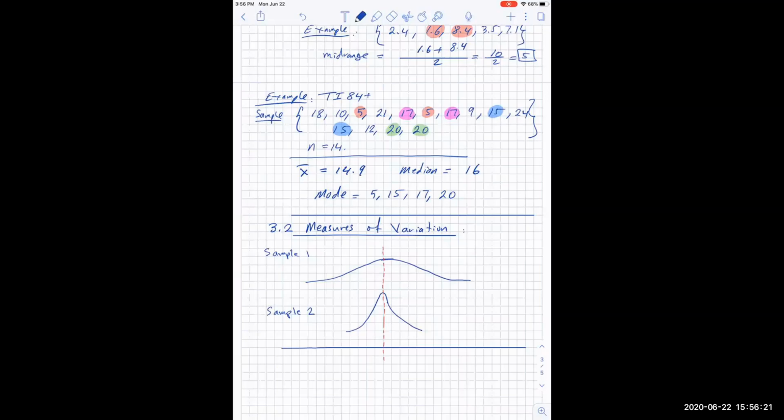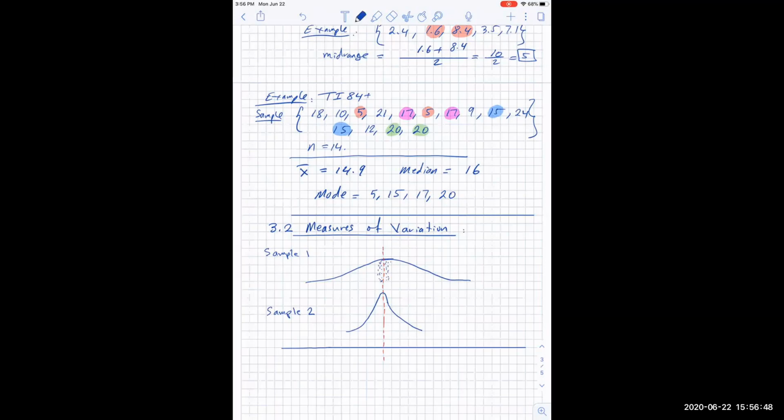What do these two samples have in common? If I have one sample taken from a population, and another sample taken from a second population, they both have the same type of distribution, meaning that the majority of the data values are in the center.